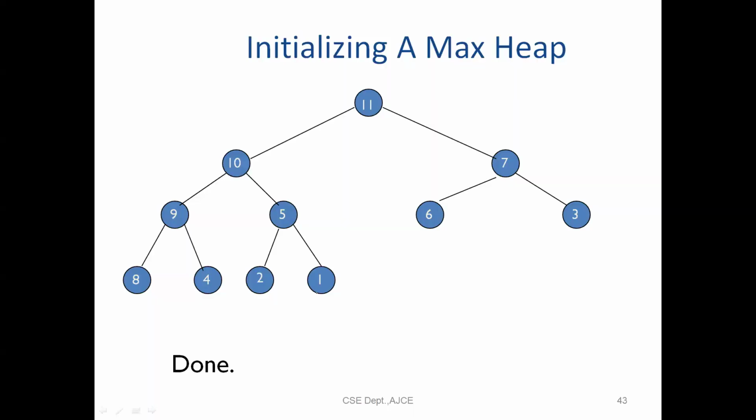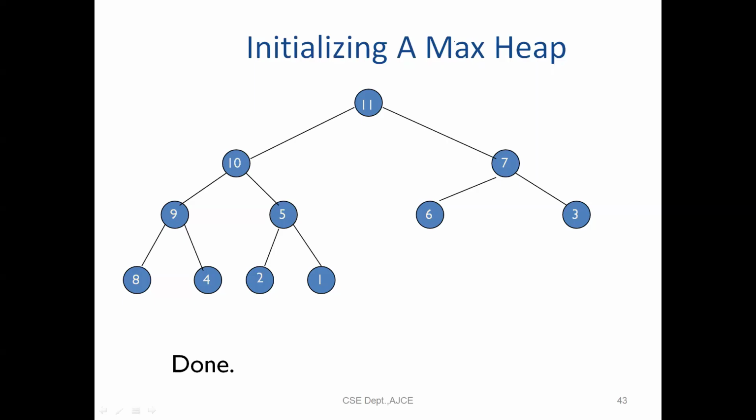Got it? So this way we find out the different way of initializing. So you can see we were given a random set of elements, and after going to the half location of the index of the array, we found out, without affecting subtrees, which is the element that can be swapped every time.